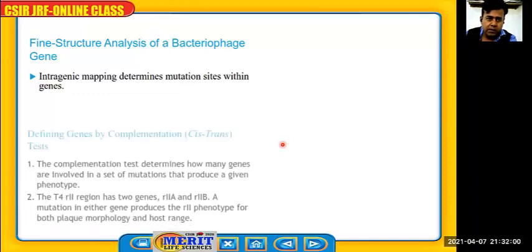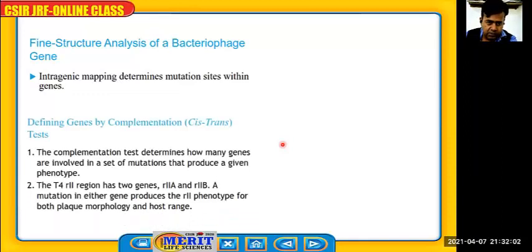Okay. So on this basis, they define this as a complementation test, Seymour Benzer's complementation test. What is the complementation test? The complementation test determines how many genes are involved in a set of mutations that produces a given phenotype.